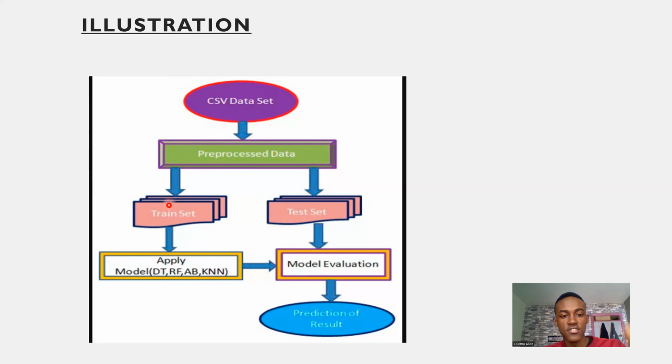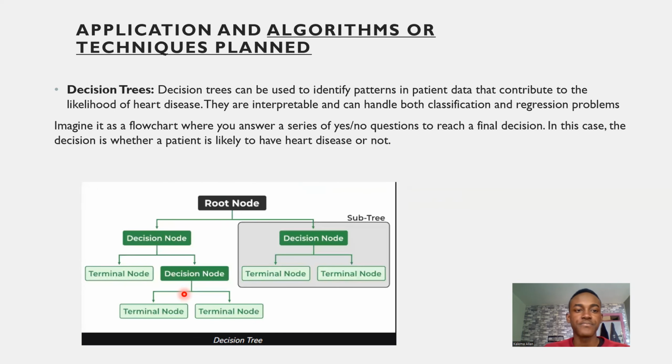You pick out a set of data to train the models: the decision tree, the random forest, and the KNN. You train those models, and then you feed them extra data for testing. If it passes model evaluation, then you evaluate the prediction.